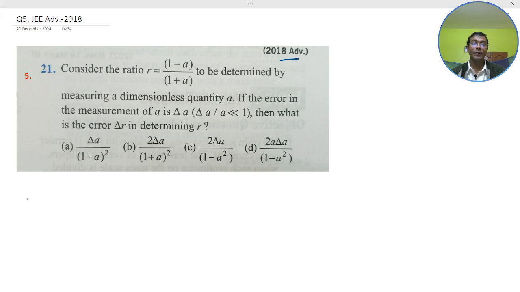So this is a fundamental problem here. Basically here r is given as 1 minus a by 1 plus a.